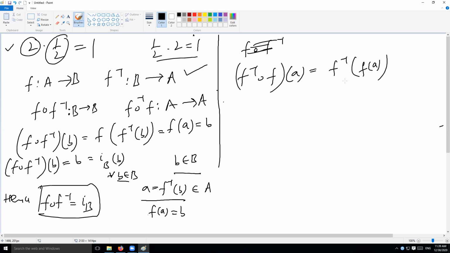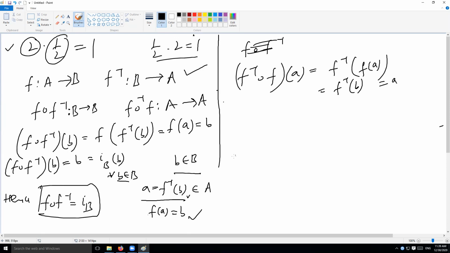But f of a is b, so I can substitute. So this is going to be f inverse of b. But what is f inverse of b? It's a.